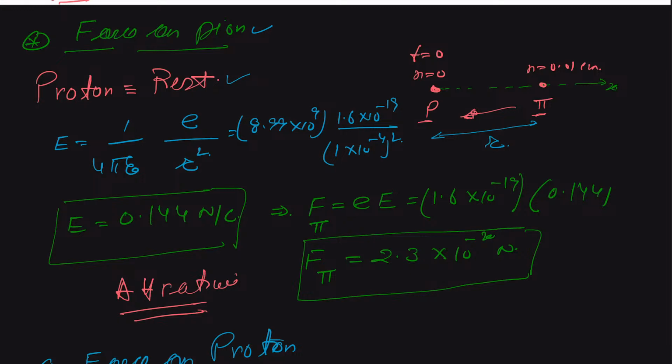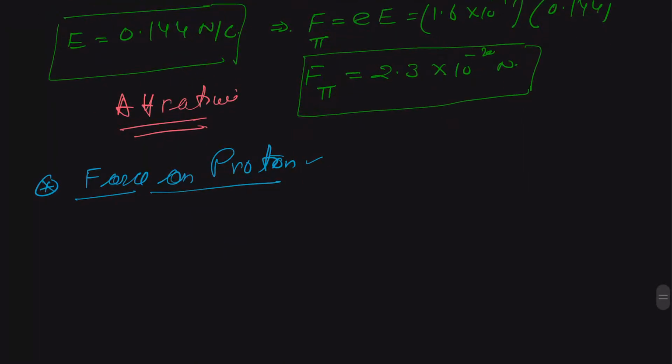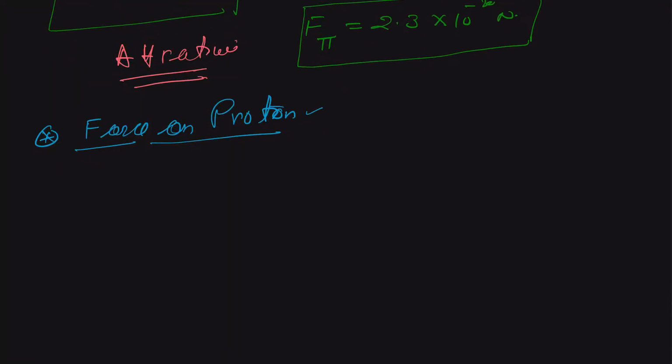Now we are going to find out the force on proton, but our charge is moving. So the formula is going to change. So now we are going to use the electric field of a moving charge.